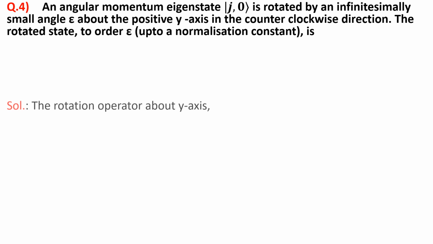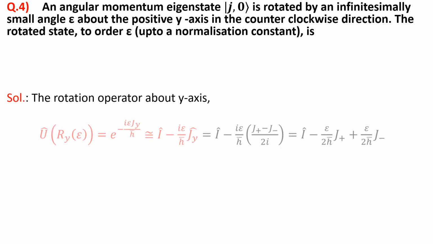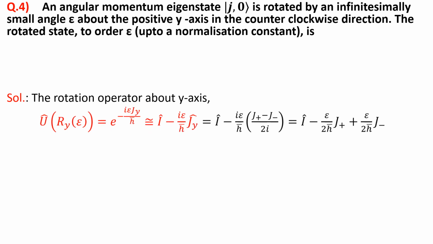The rotation operator about the y-axis can be written as U(R, epsilon), where R denotes the rotation, equals exponential of minus i epsilon J_y upon h cross, to order epsilon. So we can expand in a Taylor series, where I is the identity operator.